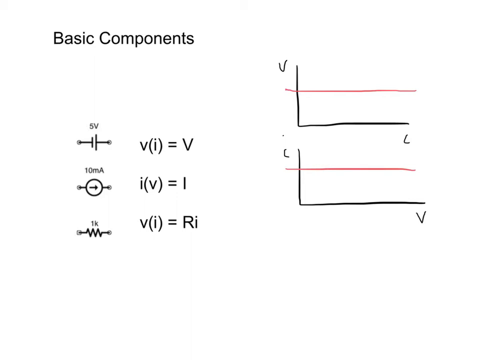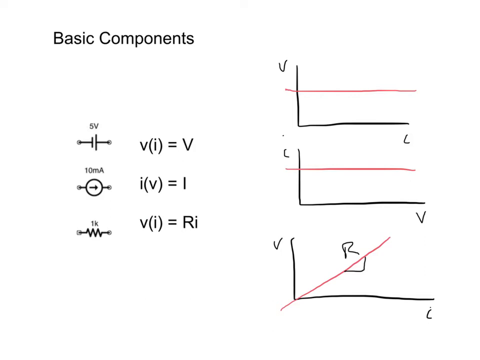For the resistor, as I've drawn it, I have the voltage as a function of the current. In that case, I want to put the current here and the voltage there, and then I will draw a straight line through the origin, and it's exactly the slope of this line that is the resistance R. I know that because I've written down the voltage output, and then it's R times I gives the slope.